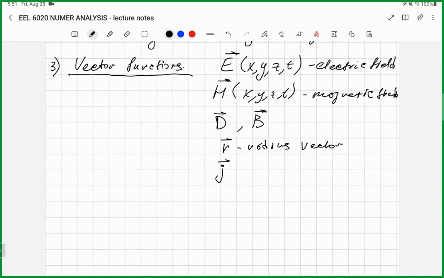One example could be the electric current vector, which is a vector itself, but also depends on another vector function r, the radius vector. This basically means that the current in space is distributed somehow. It changes in space.